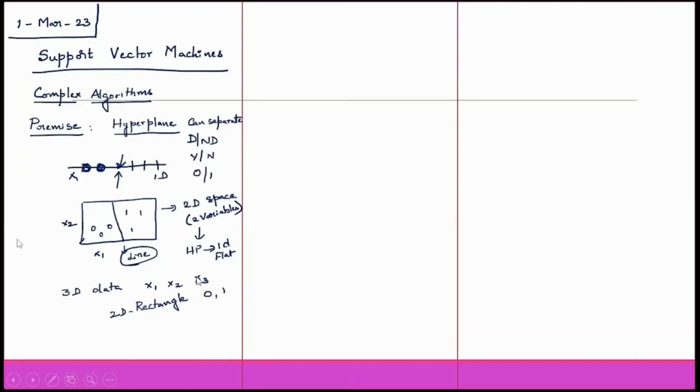So that is the typical premise behind the concept of the support vector machine. The basic thing that we are saying in support vector machines is we are dividing the data based on one n-1 dimensional hyperplane that is segregating the zeros from the ones.